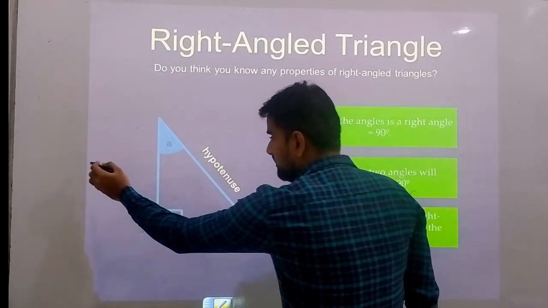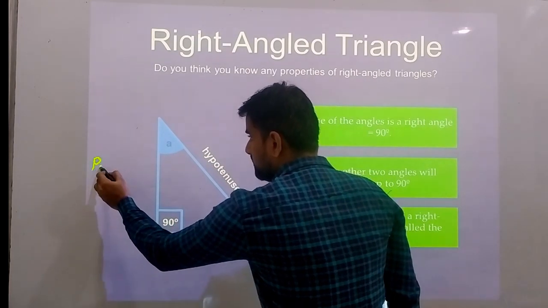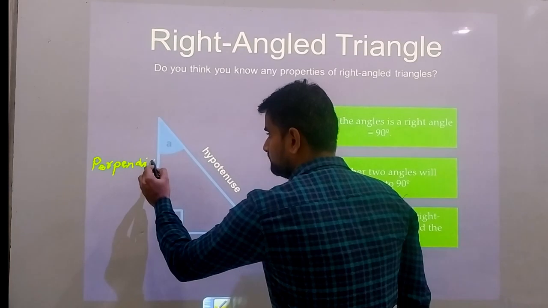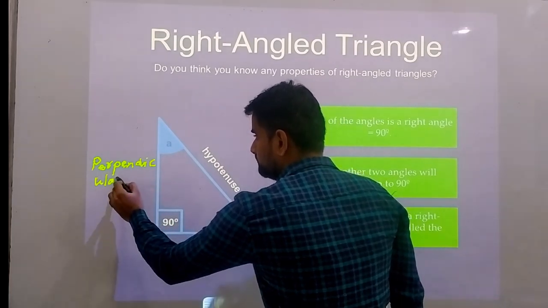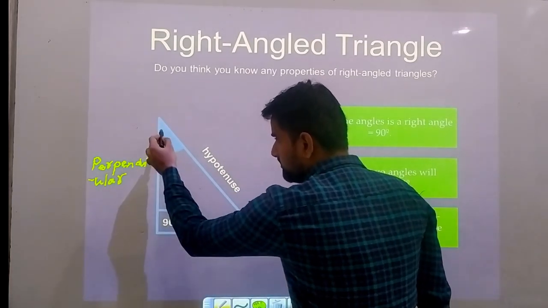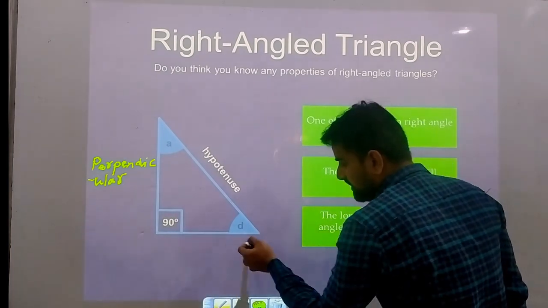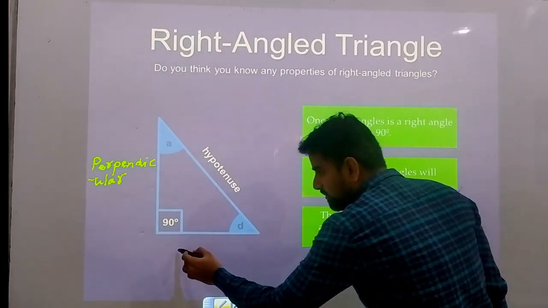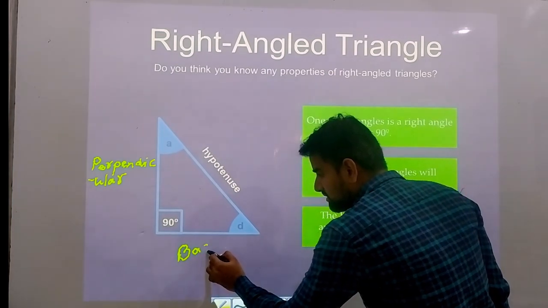Let me show it very clearly. Perpendicular. Alright, this side is the perpendicular, okay, and this is the base, right? This side is basically called the base.